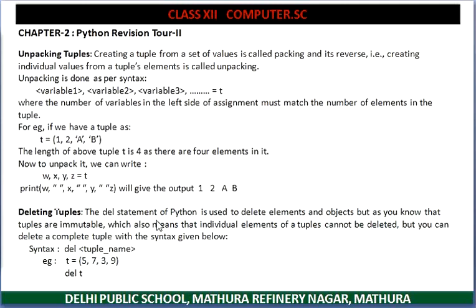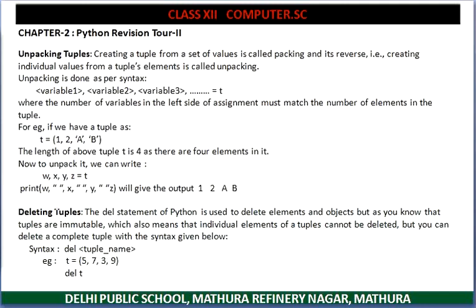Definition: the del statement of Python is used to delete elements and objects, but as you know tuples are immutable, which also means that an individual element of a tuple cannot be deleted, but you can delete a complete tuple with the help of the syntax given below. del tuple_name. For example, t = (5, 7, 3, 9), del t. You cannot delete an individual element, but you can delete the whole tuple with the help of this syntax.